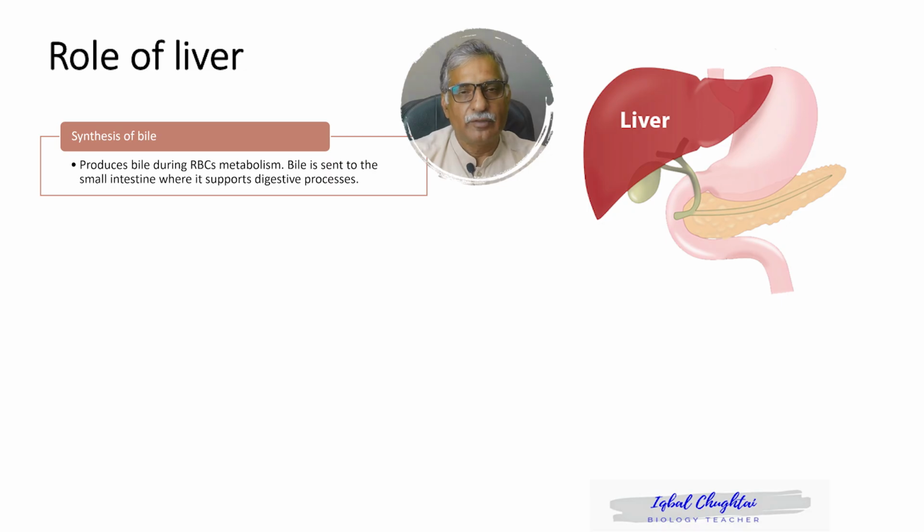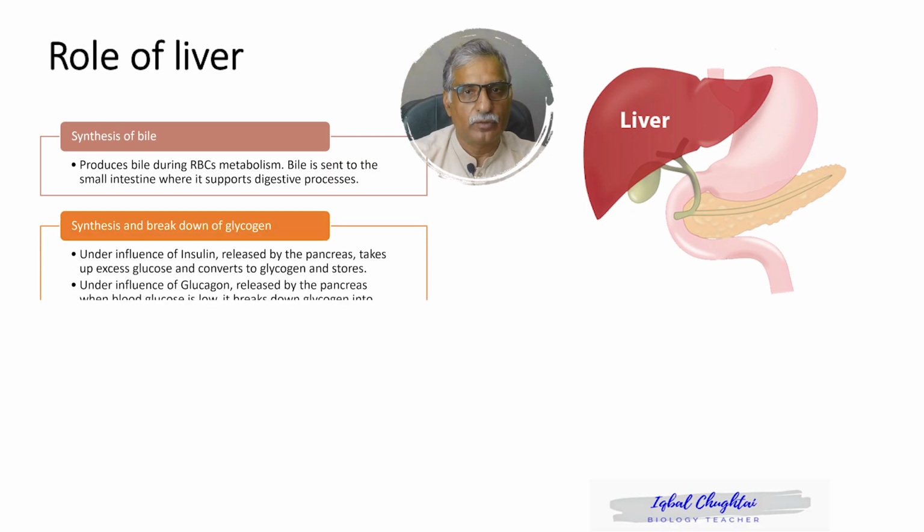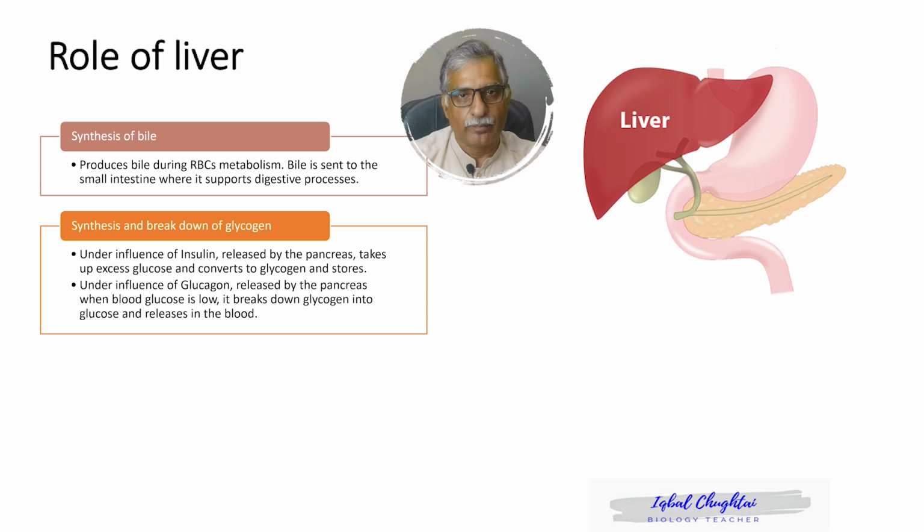Similarly, the liver decides the concentration of glucose and the fate of amino acids that need to travel in the bloodstream. In a healthy person, the blood sugar level must be in the range of 80 to 120 milligram per deciliter. And this blood sugar level must be maintained. It must not increase.